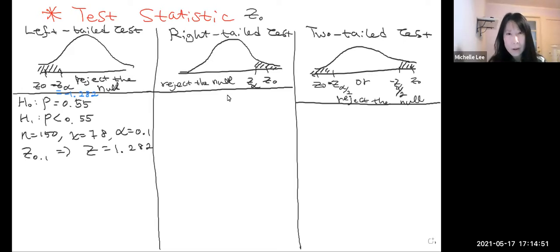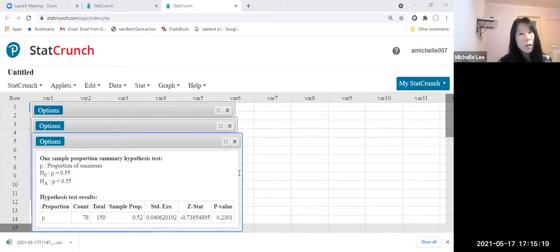We can use StatCrunch. Also, you can watch the video on how to find the test statistic on YouTube. Let's see. I found it earlier. So we're using StatCrunch, and I input everything, and look, this is Z-stat here.